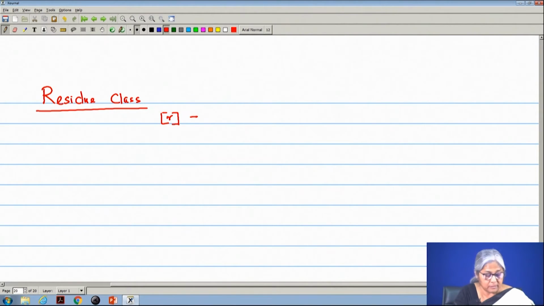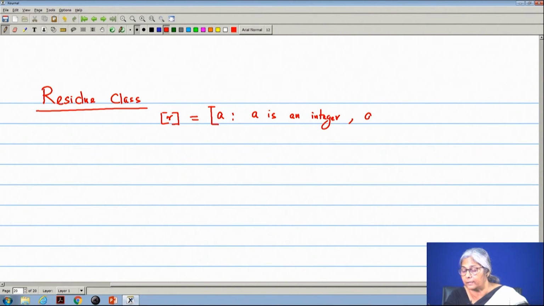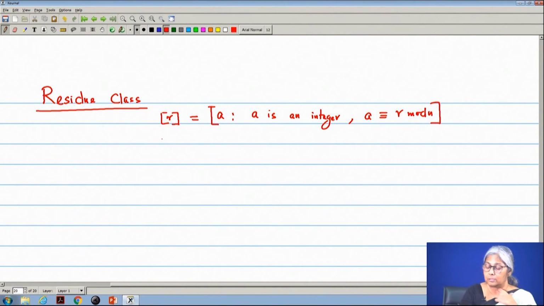When a is an integer, as we defined earlier, and a is congruent to r modulo n, we can write all the numbers whose remainder is the same. We can define this as a residue class.